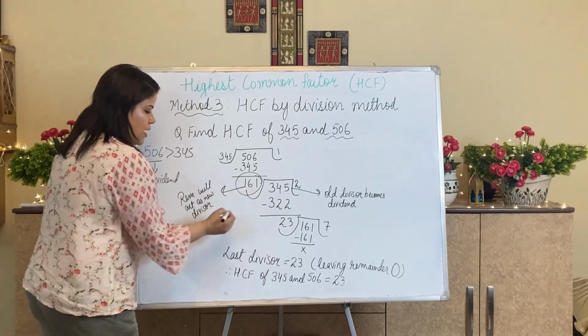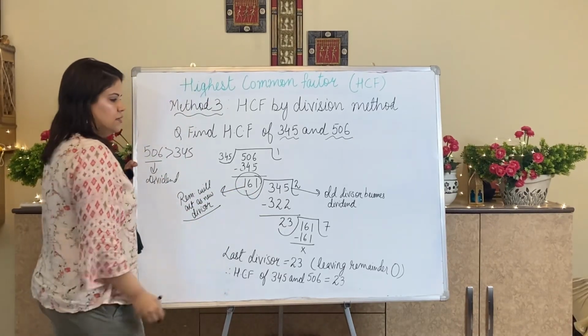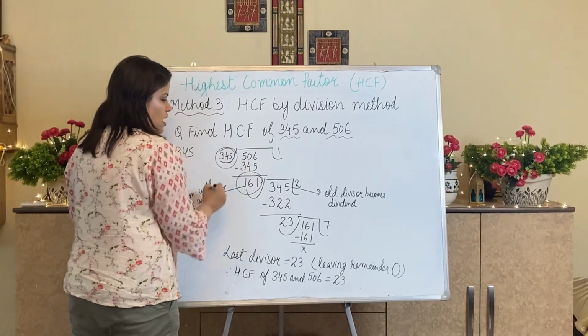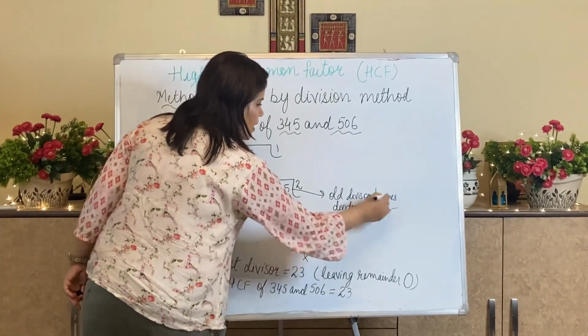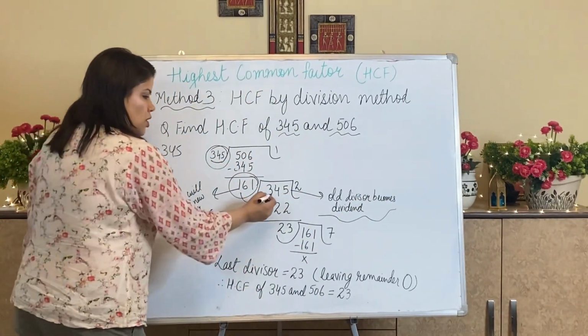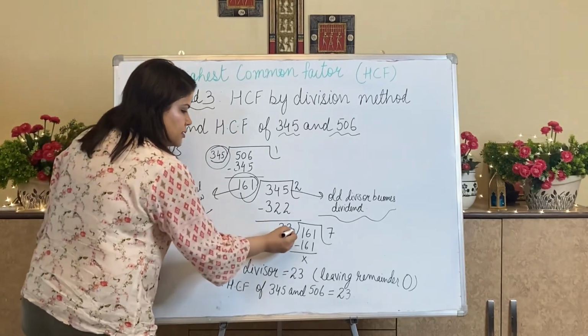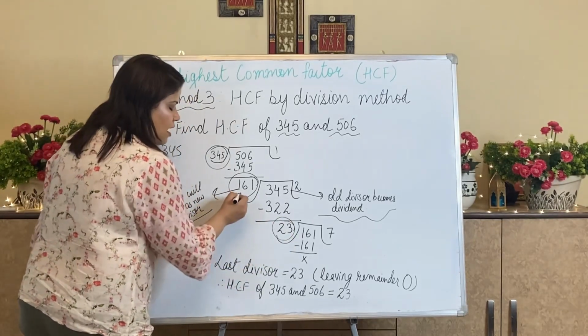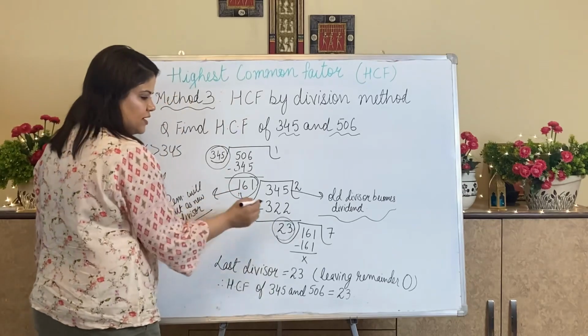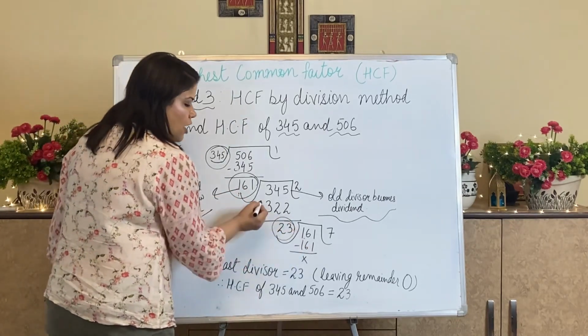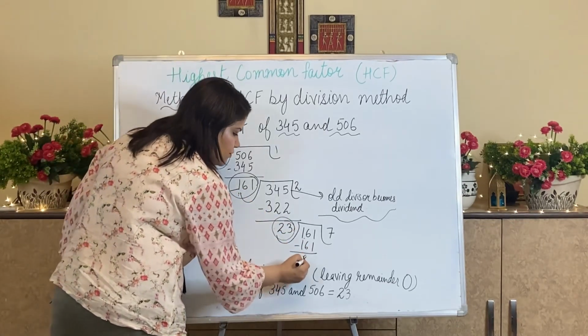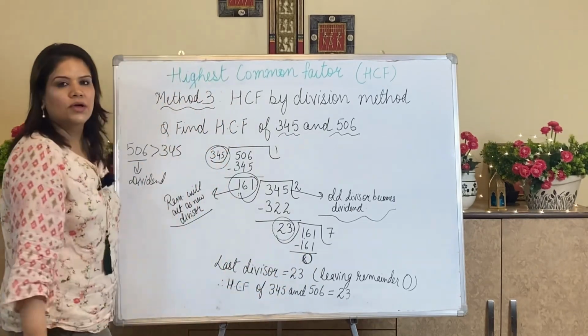This will become my new divisor and 345, which was the last divisor, will become my dividend. So now I will again find remainder. This will become divisor and the last number which was a divisor now becomes dividend. And we have continued this operation till we have got 0 in the remainder.